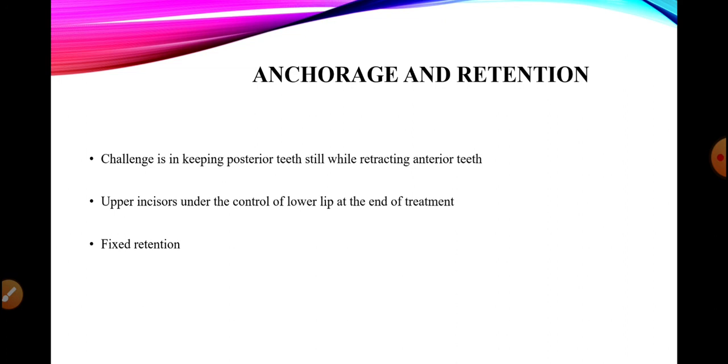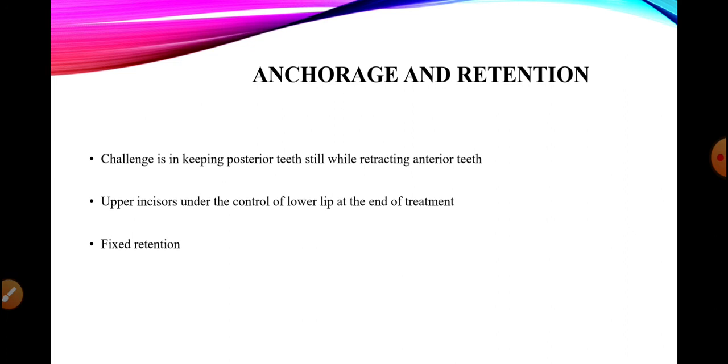Now when talking about stability and retention, we talked about that ideally the upper incisors should be 1/3 covered by the lower lip for better stability, so that there should be no relapse and they should not move forward. So ideally upper incisors should be under the control of the lower lip following retraction at the end of the treatment in case of class 2 div 1 malocclusions.